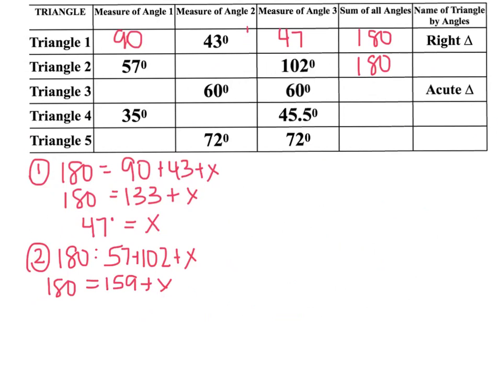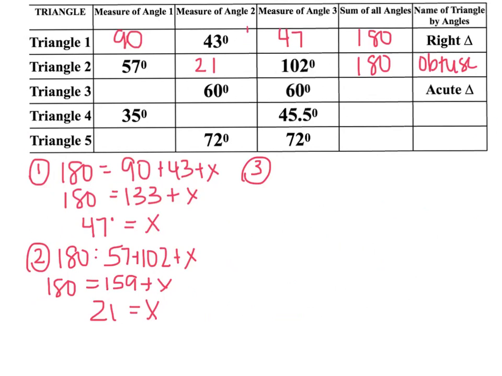And then 180 minus 159 gives us 21. Now we need to look at our angles. We have 2 acute angles and 1 obtuse angle, so this is going to be an obtuse triangle. Remember, it's obtuse if it has 1 obtuse angle. It's acute if all of them are less than 90 degrees, or acute angles. We had 2 that were less than 90 degrees, but we need 3 to be acute, so it had to be obtuse.